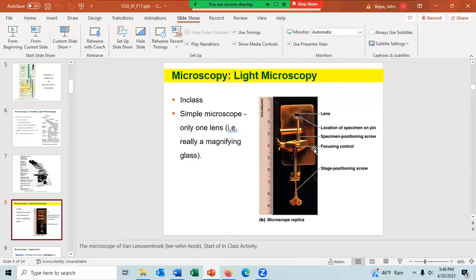It was one of the early microscopes made, and that's how you viewed it. You had your eye on this side, you stuck your specimen on the pin here, and then you viewed it under the lens.